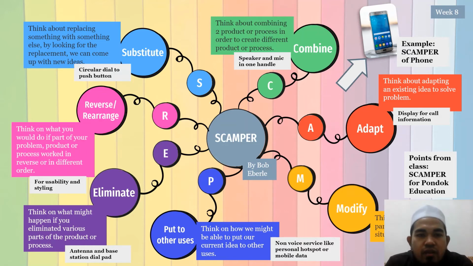I've shown the S in blue color, C in green, A in red, M in yellow, P in purple, E in indigo, and R in pink. I've used this method to make the notes easier to read, but it is full of details that we can read on the poster.